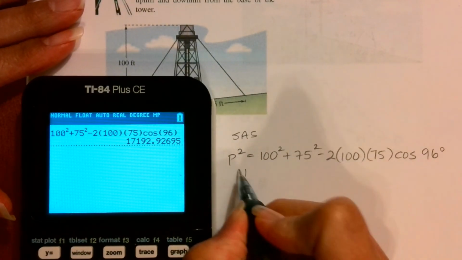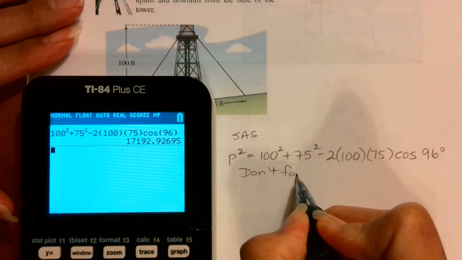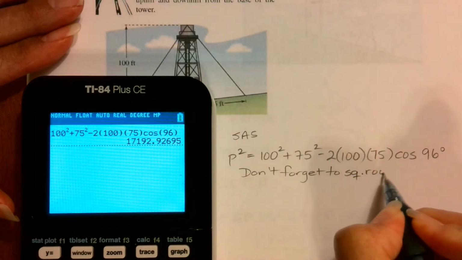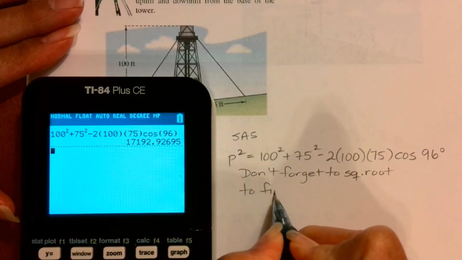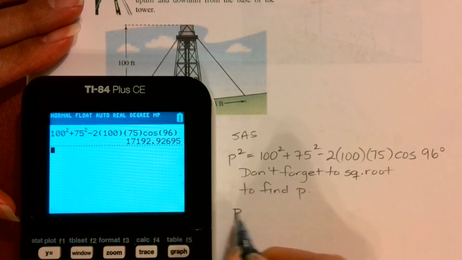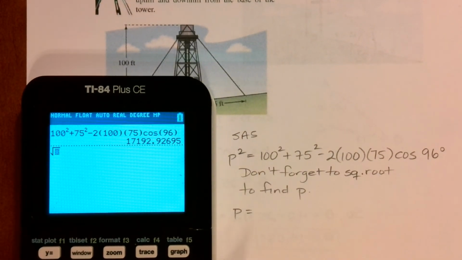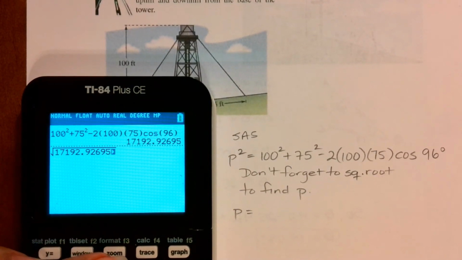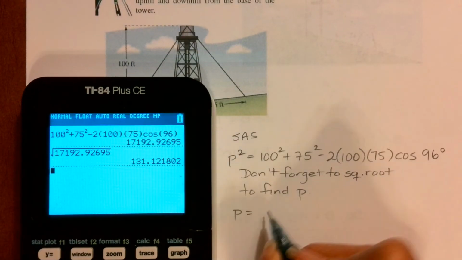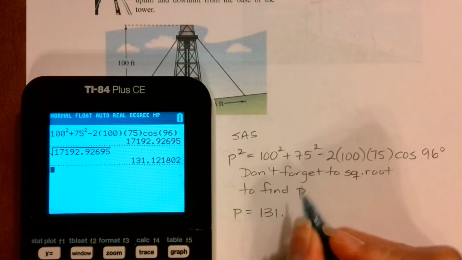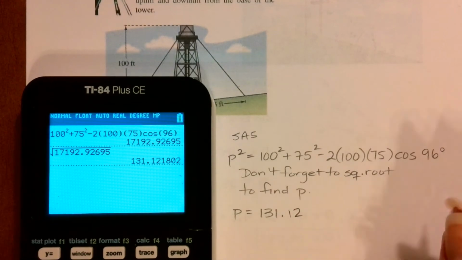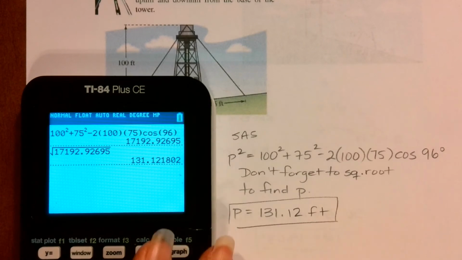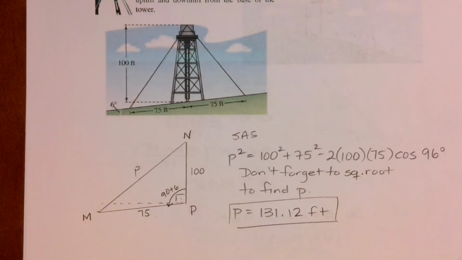Okay, so I'm going to put here, don't forget to square root to find p. So p is going to be approximately, so second square root, I'm going to arrow up to bring down the exact answer and round to the nearest hundredth place, 131.12, and those are in feet. So the first guy wire is 131 approximately.